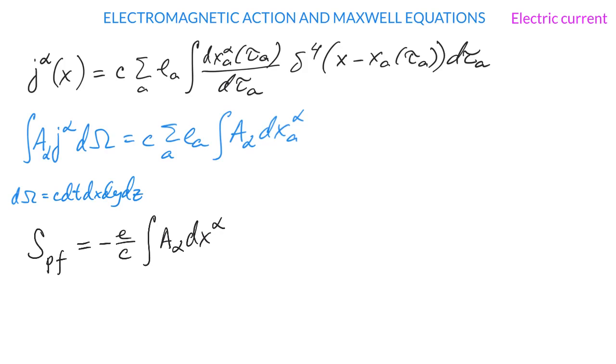In that case, we had just one particle. Now clearly, if there's more than one, we will just need to sum up over multiple particles. So we have sum over a, e_a over c, integral A alpha evaluated along the trajectory dx alpha sub a.